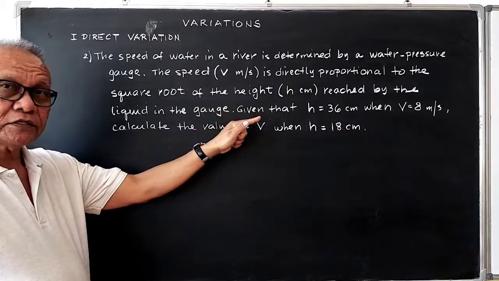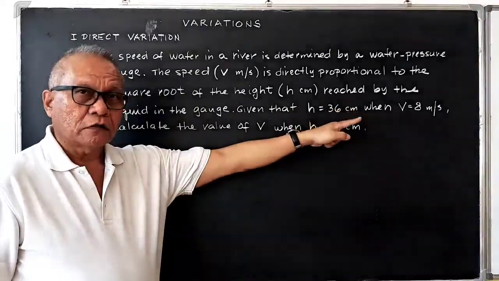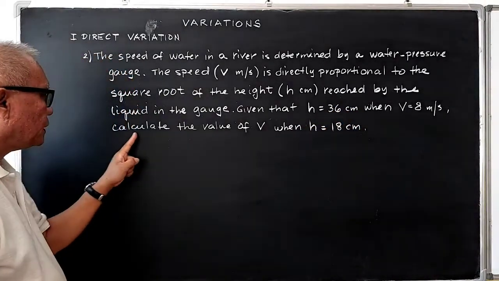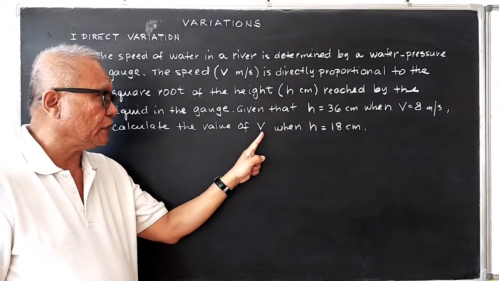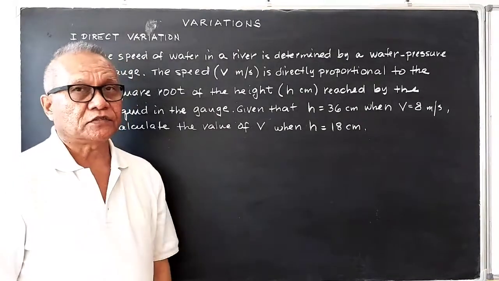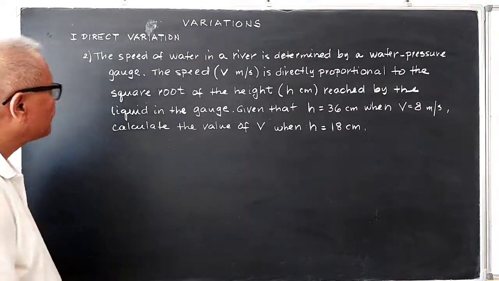Given that h is equal to 56 centimeters when the speed is 8 meters per second, calculate the value of V when h or height is 18 centimeters. So let us first write that one in symbol.